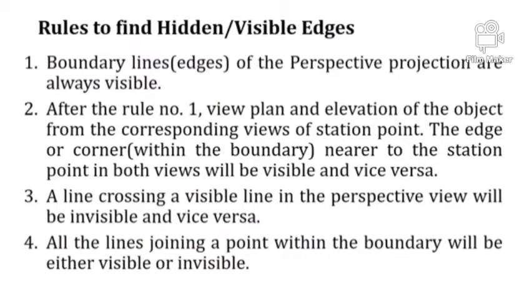The last tip is: all the lines joining a point within the boundary of the perspective view will be either visible or invisible. If you identify a base corner within the boundary as invisible, then all the 3 edges joining that corner, that point, will be invisible.